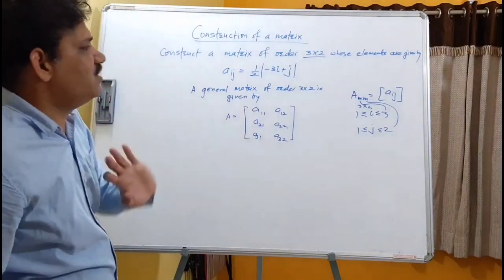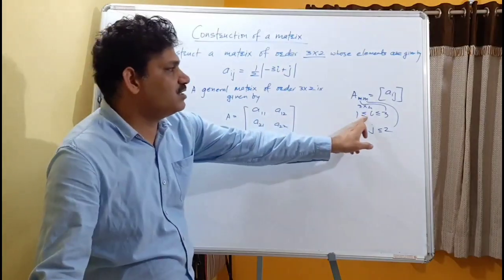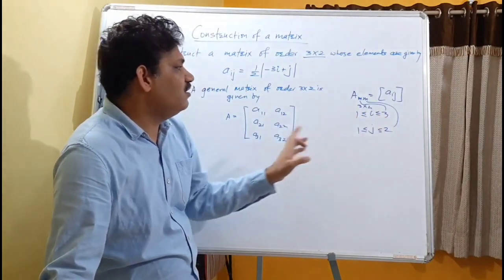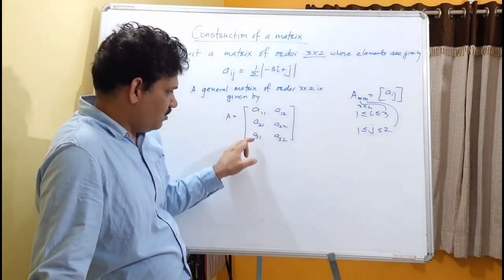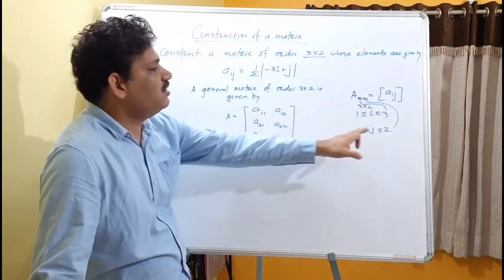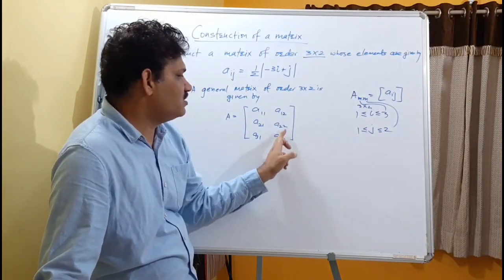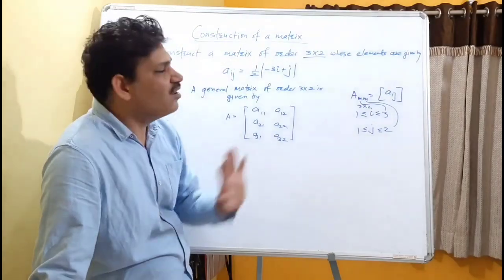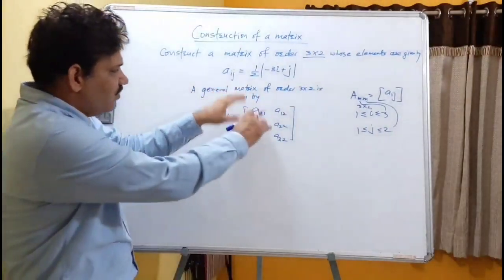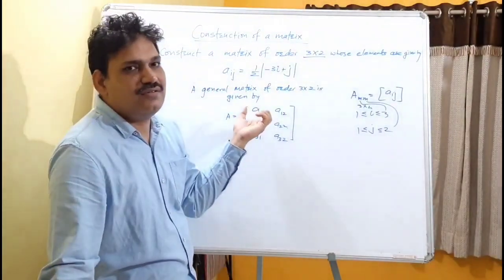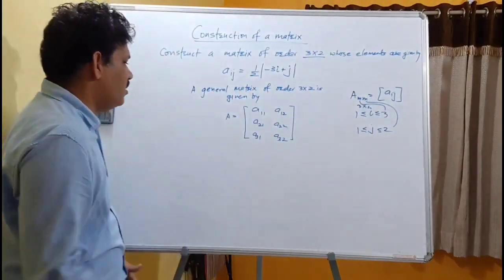So these are the elements we need. Either we keep in mind that the value of i goes up to 3 and the maximum value of j is 2, or you simply write the general form and find the values of these elements one by one.